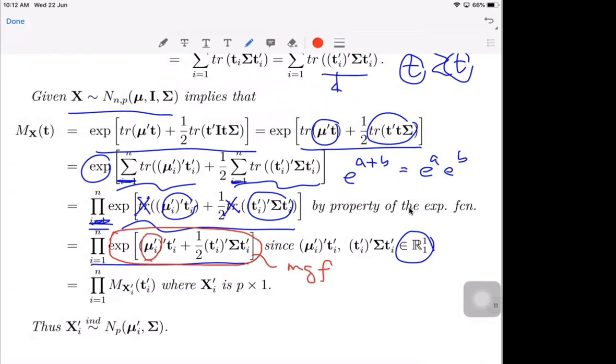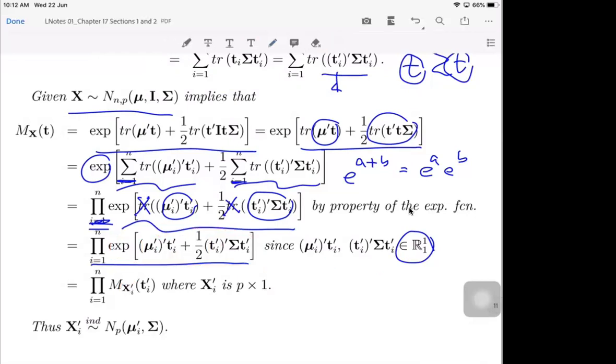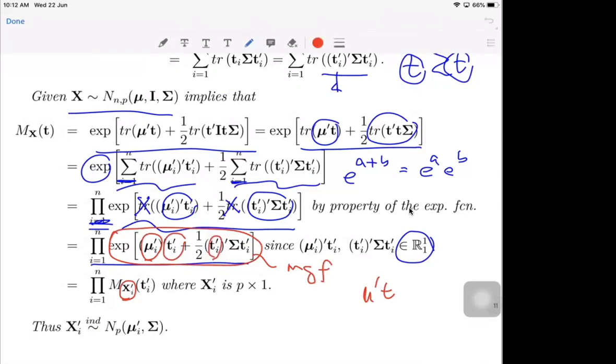Since this is mu I prime, this is the moment generating function of xi prime at, okay, it should be mu prime t, so at t prime I. Since that is the moment generating function of a normal, it means that your xi prime here is also normally distributed, and the parameters will be mu I prime and sigma. So that is what we want.